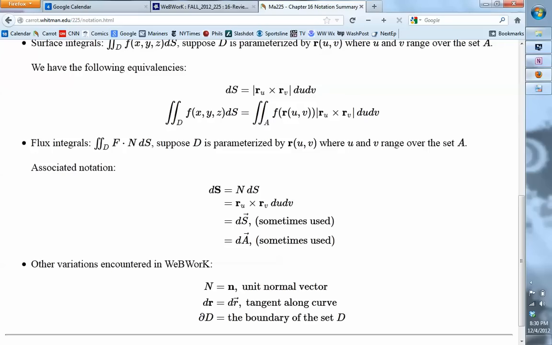This is the unit normal vector to the surface. So that's RU cross RV divided by the magnitude of RU cross RV. And then dS is the magnitude of RU cross RV du dv. When those two multiply together, there's a cancellation that occurs, and it leaves behind just the cross product.